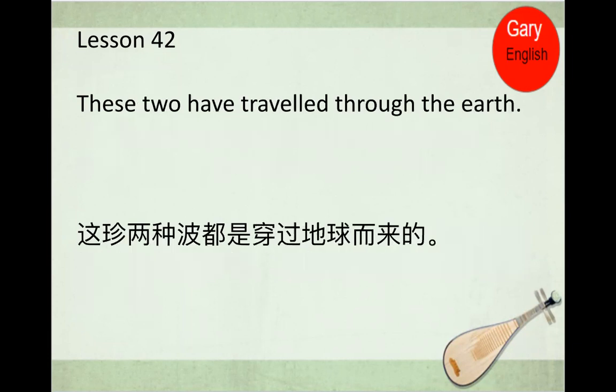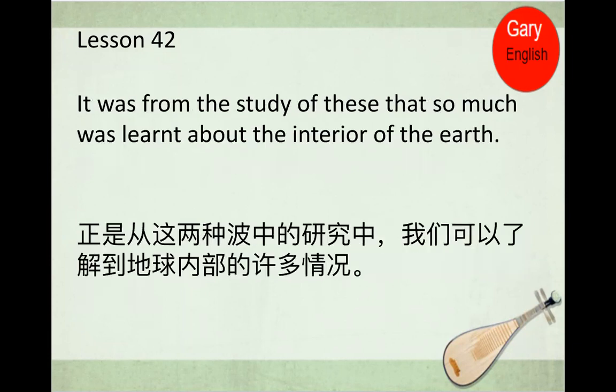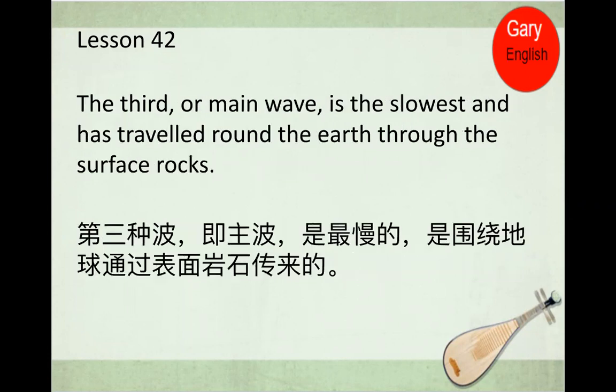These two have traveled through the earth. It was from the study of these that so much was learnt about the interior of the earth. The third, or main wave, is the slowest and has traveled round the earth through the surface rocks. H. Swinnerton, The Earth Beneath Us.